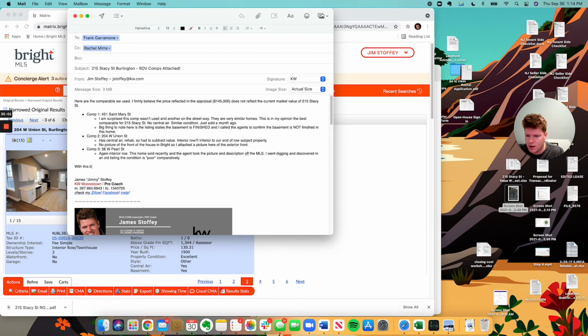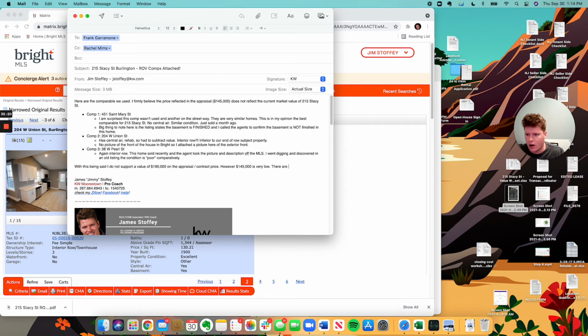With this being said, I do not support a value of 190 on the appraisal contract price. However, 145,000 is very low.